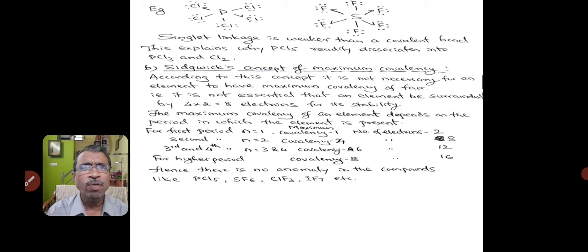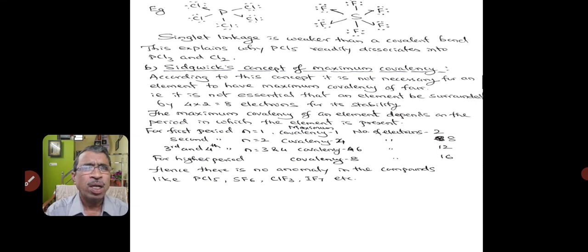The maximum covalency of an element depends upon the period in which the element is present. For the first period, n is equal to 1, covalency is 1, therefore the number of electrons is 2. For the second period, n is equal to 2, maximum covalency is 4.